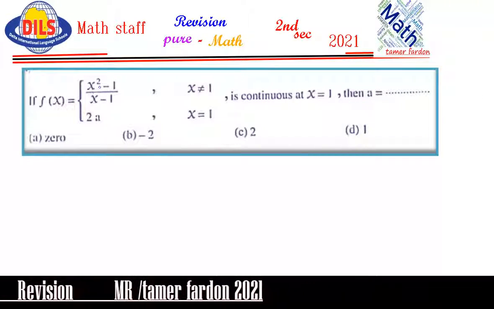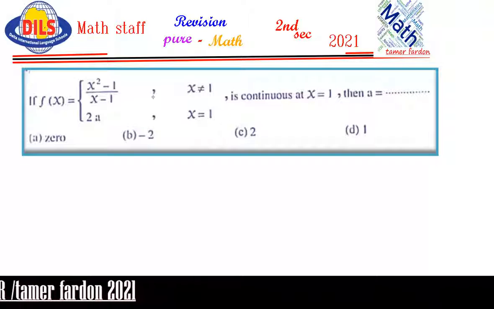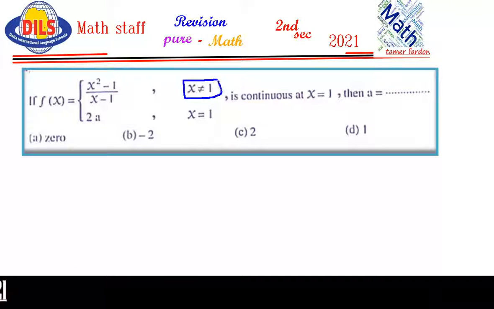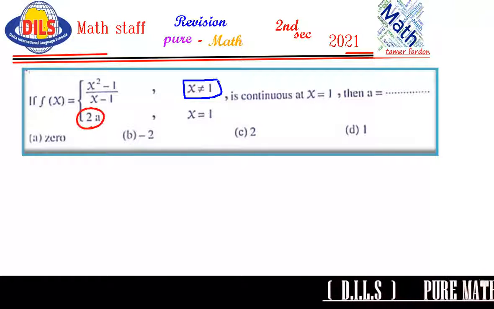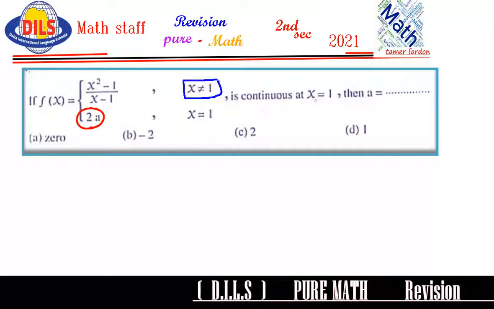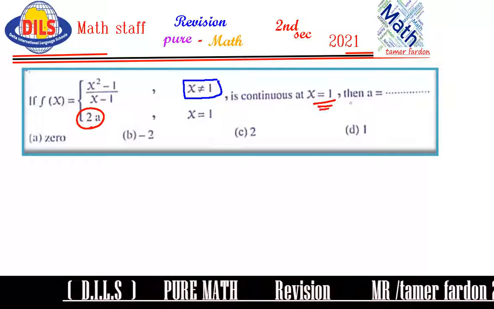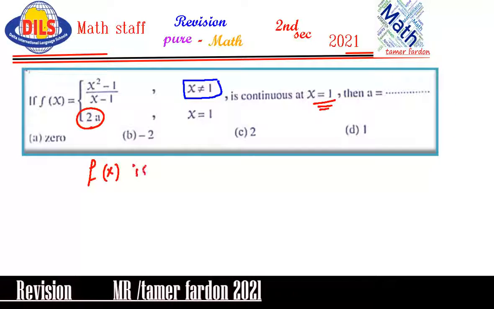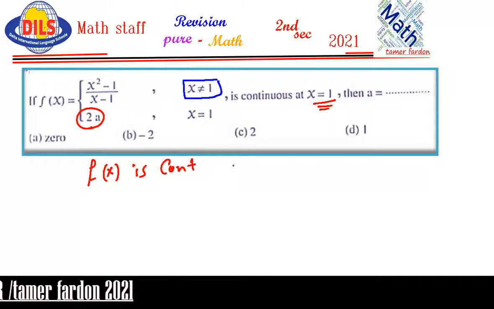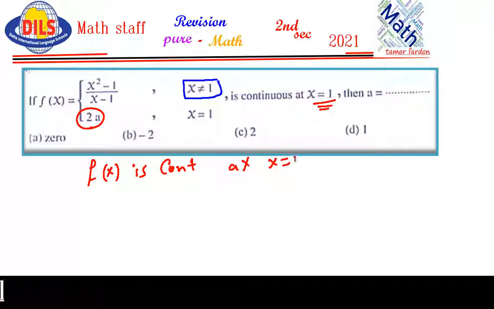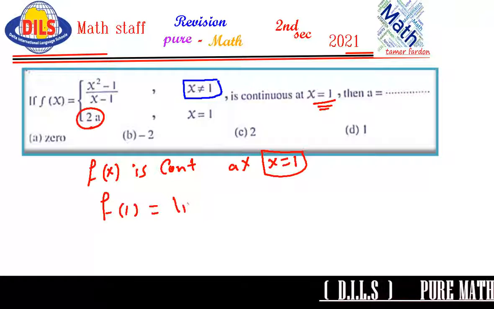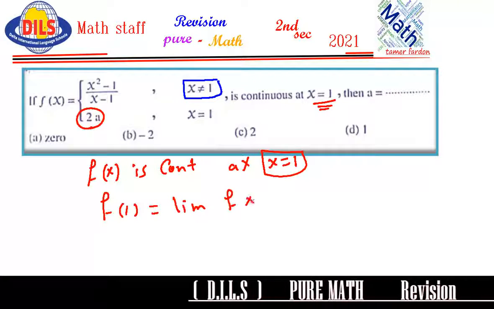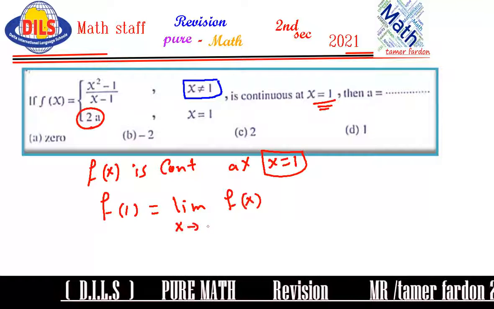The next, f of x equals x power 2 minus 1 over x minus 1 when x doesn't equal 1, and equals 2a when x equals 1. If f is continuous at x equals 1, then a equals what? f of x is continuous at x equals 1, so f of 1 equals limit f of x when x tends to 1.